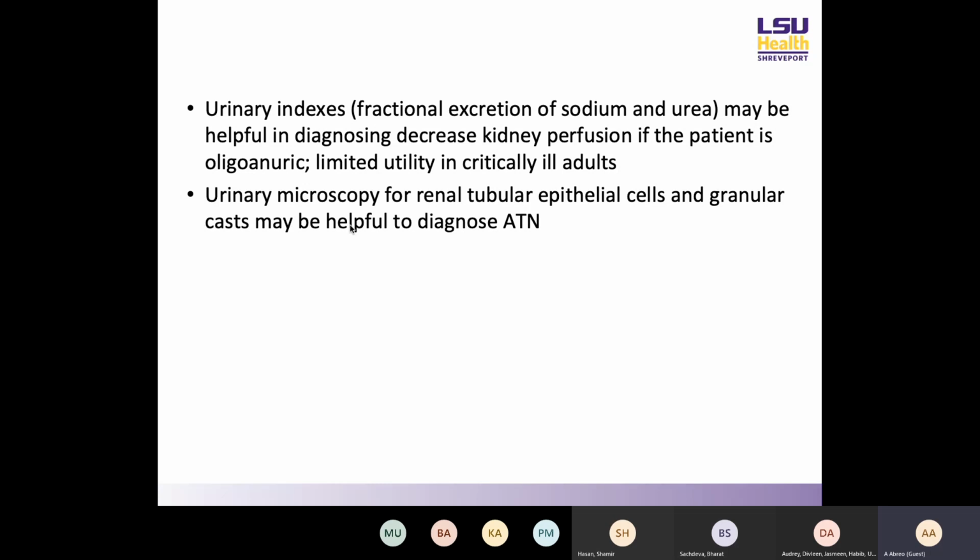So I think the key is you could use it possibly as a suggestive tool, but I wouldn't hang your hat on it. A lot of medical students are taught this early in medical school that you start with a FENA and your entire workup is based on the FENA. That's simply not true, and oftentimes can be misleading.